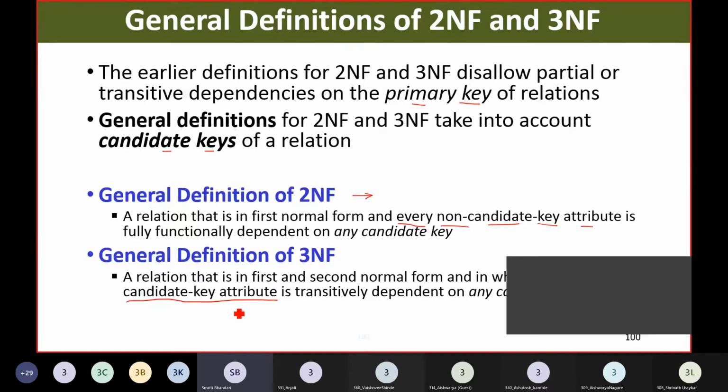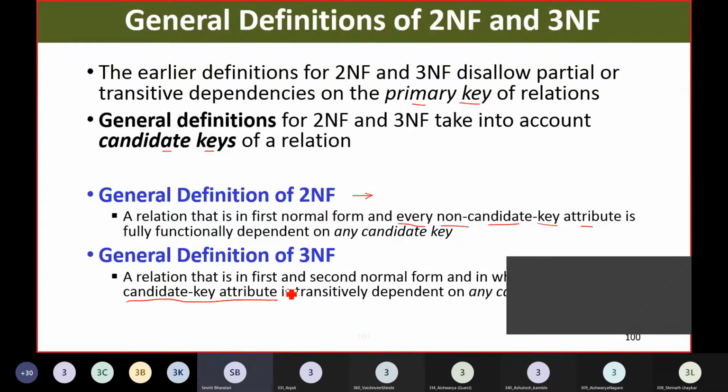So once again, this general definition of 3NF becomes more complex and puts more constraints. I hope you have understood the difference between the general definitions and the definitions we discussed earlier.